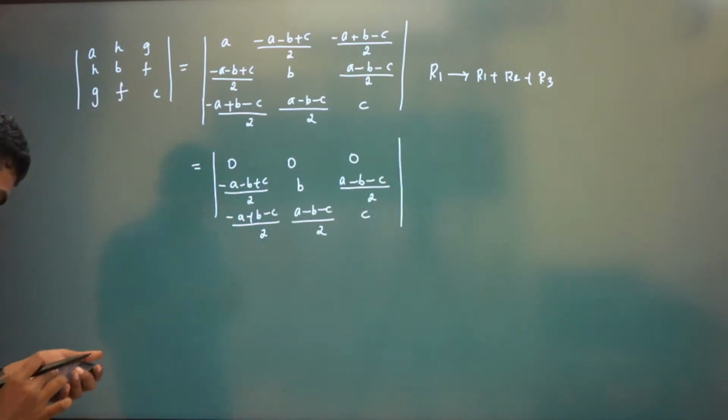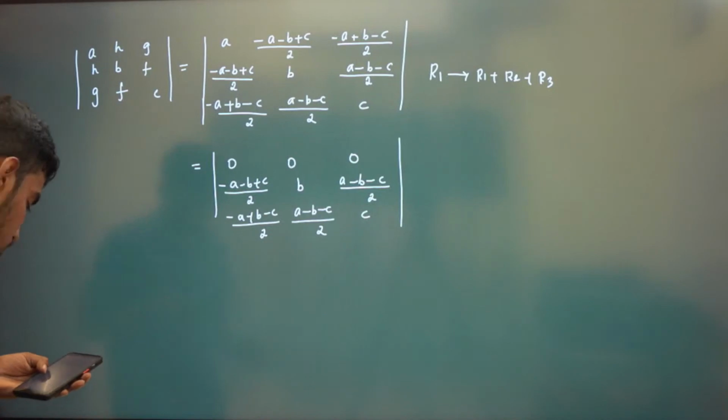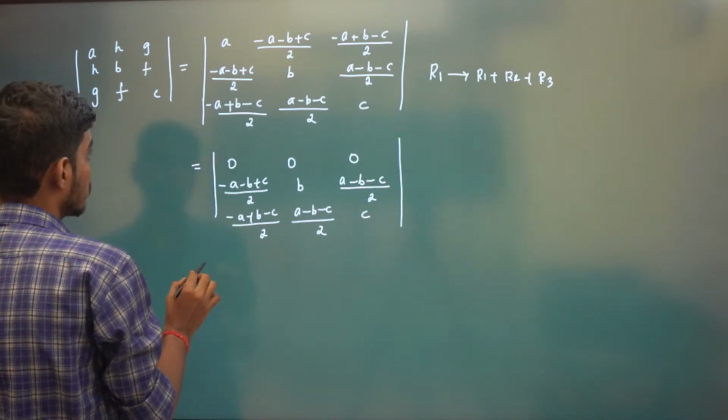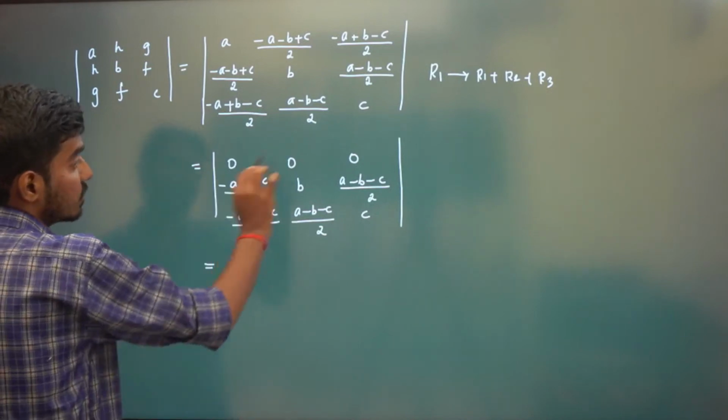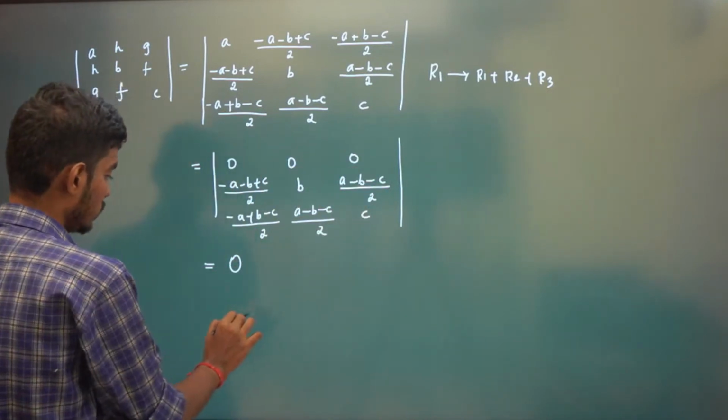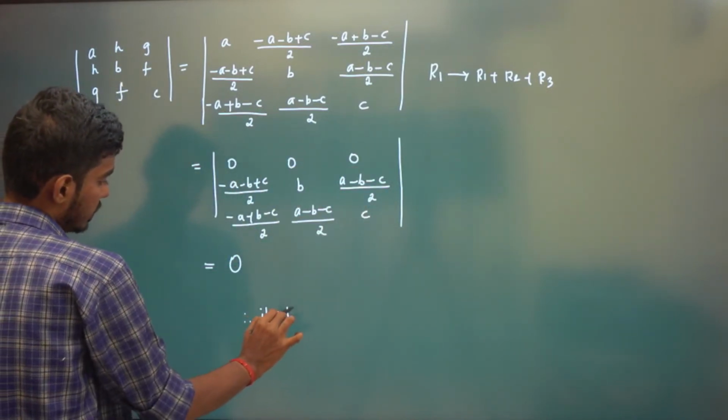So this will be equal to 0 because the first row is 0. Therefore it represents a pair of planes.